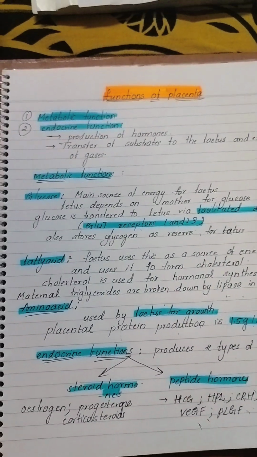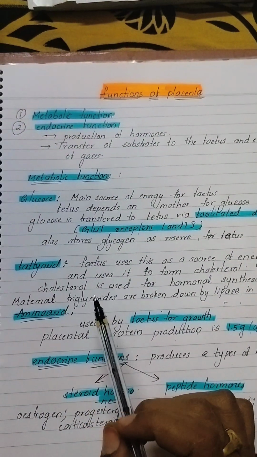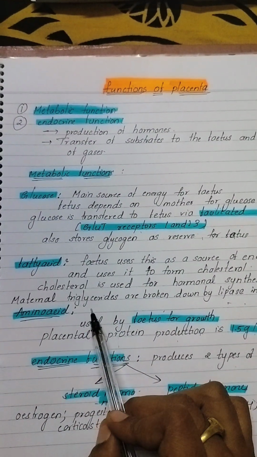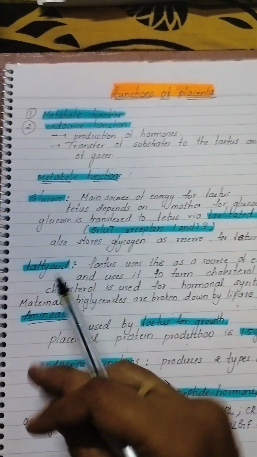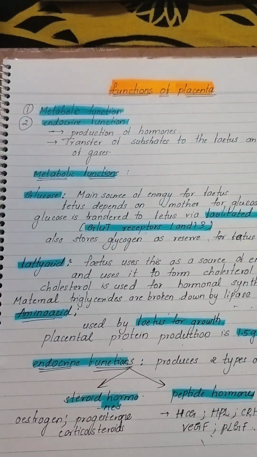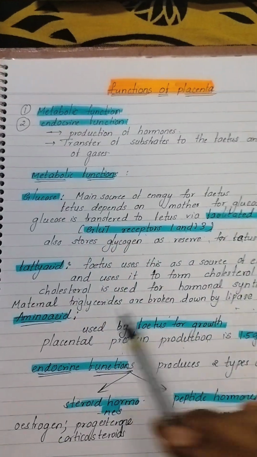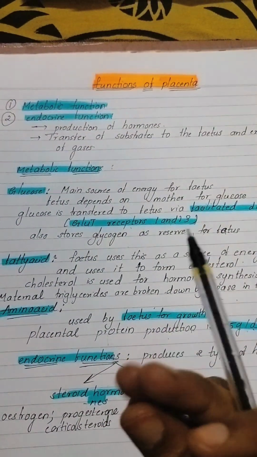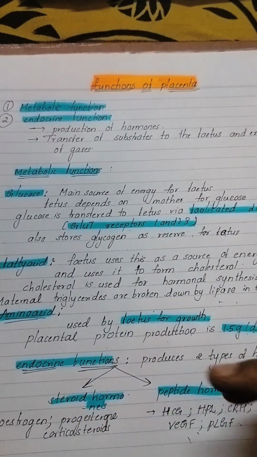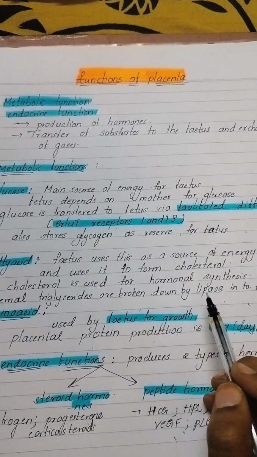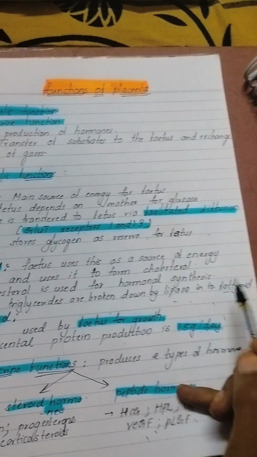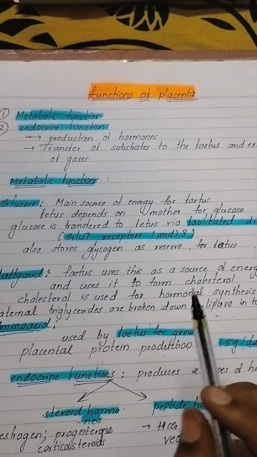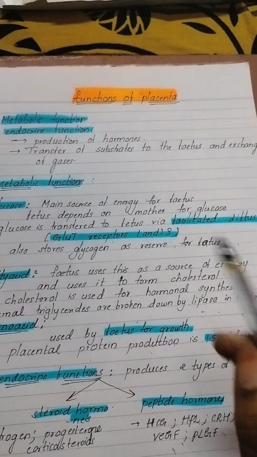Actually, the triglycerides present in the mother are not transferred as such to the child because the child can't use a complex substance. So these triglycerides have to be broken down into small substances. They are broken down into fatty acids by the enzyme lipases, and these fatty acids are used by the fetus.